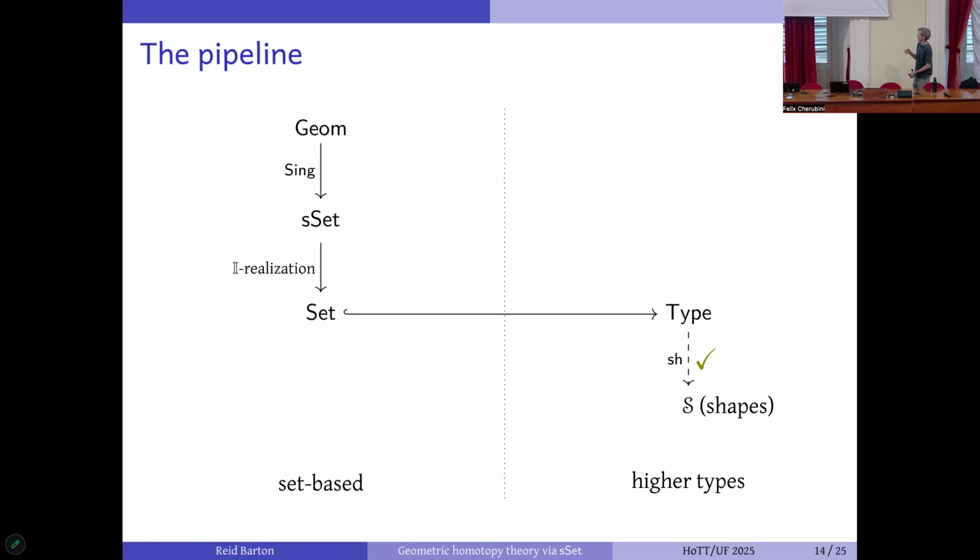In some models, for example in the condensed model, I could have skipped this business of taking Sing and then realization. The reason to do this is that in general, the structure of my interval is fairly small. It's just that I have a simplicial interval. But the original geometric object maybe is defined using polynomials or something like this.